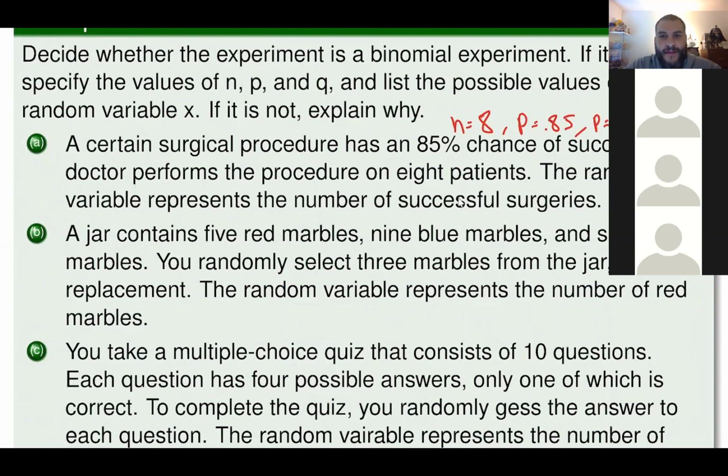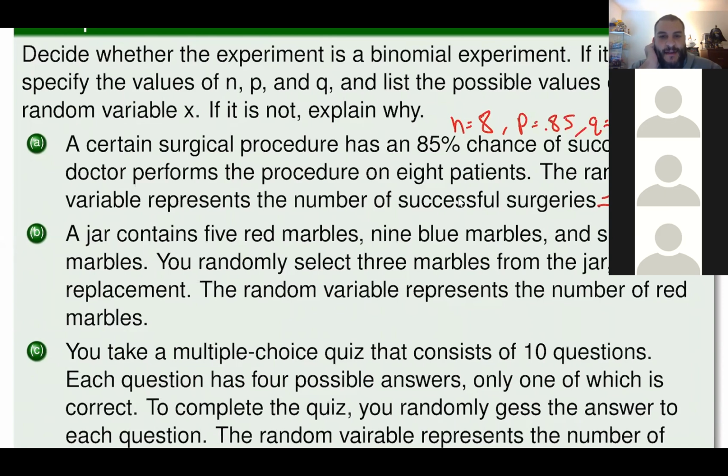Cool. So if you look at that, we got the probability of success and we got the probability of failure. I mislabeled that. That should be Q. And if you look right here, X represents the number of successful surgeries. So X is however many successful surgeries that we have.